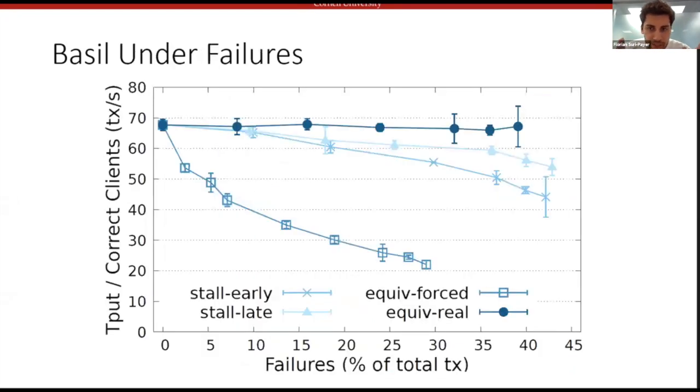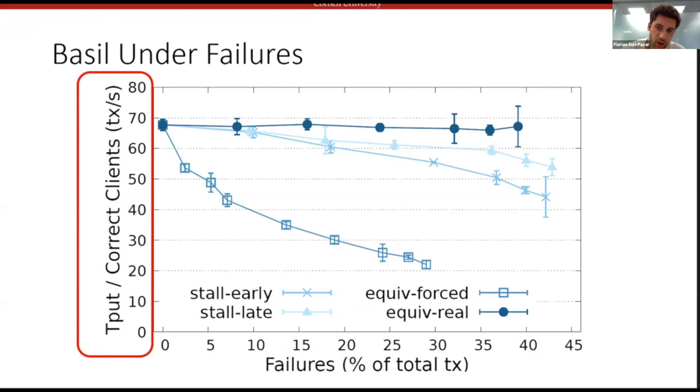Okay, it's great that Basil's performance is really good during graceful executions, but like I mentioned earlier, that was partially achieved on the back of the premise that we empower Byzantine clients. So to validate how robust Basil remains when clients actually misbehave, we specifically look at how Byzantine client behaviors can influence the transaction capabilities of correct clients rather than the overall system throughput.